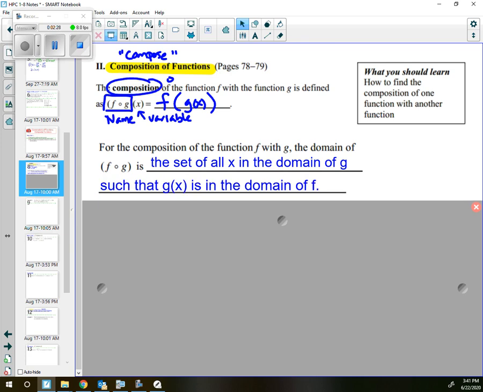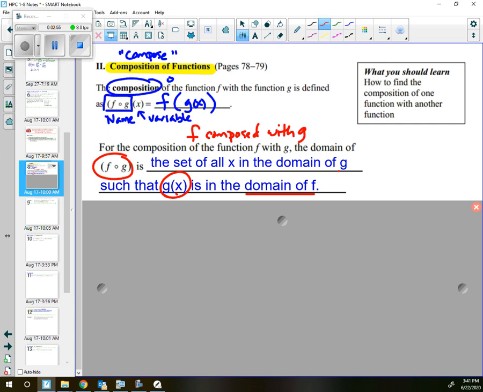So let's talk domain for a second when you do that. When you compose two functions, you've got to be careful about, again, the numbers that you're using. The domain of the composition of f composed with g, that's how you'd say that, is the set of all x's that are in the domain of g, so they have to work in g, so that when you do g of x, that output, whatever it is, is in the domain of f.